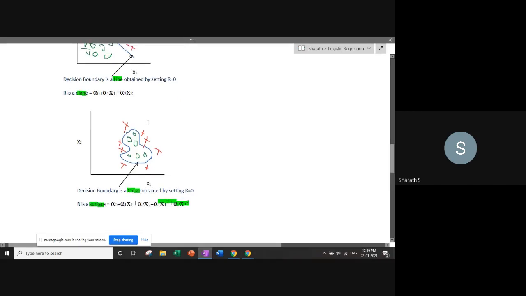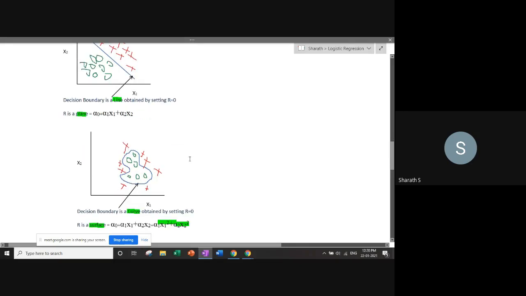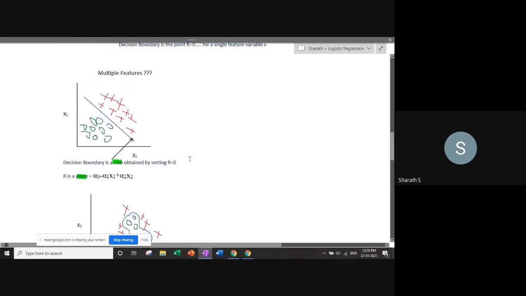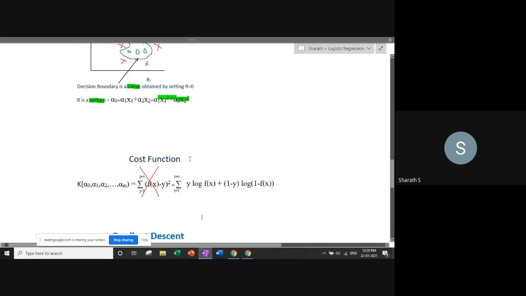In the classification problem, it is always a probability: what is the probability that this belongs, less than 50% or greater than 50%? That's the probability you are talking about, and then you are classifying them into the two classes.